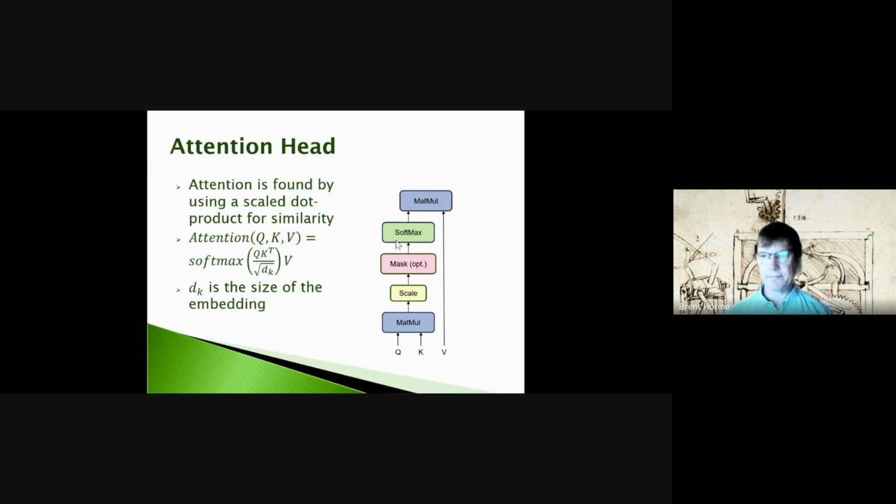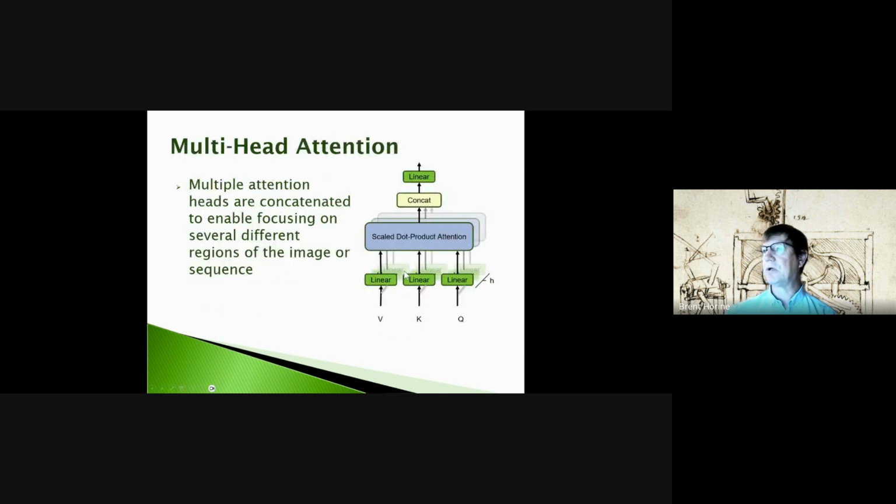You've identified by the lane markings a crosswalk. But you might also need to be paying attention to a pedestrian, right? And so now we're going to have multiple of these attention heads, and we're going to concatenate them, so we can focus on multiple or several different regions of the image or sequence, right?